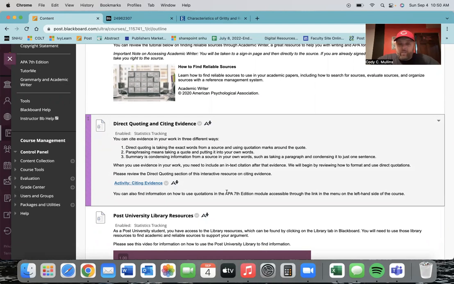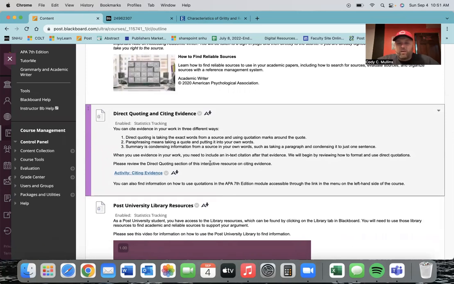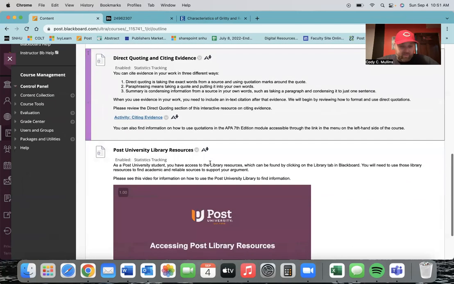The third way is a summary, where you condense information from a source, and this should be much shorter. If you're summarizing an entire chapter, 20 pages of something, you would summarize that in maybe 1 to 2 pages, so much more condensed, really just focusing on the main points. And this activity will walk you through how to do all of that in APA style.